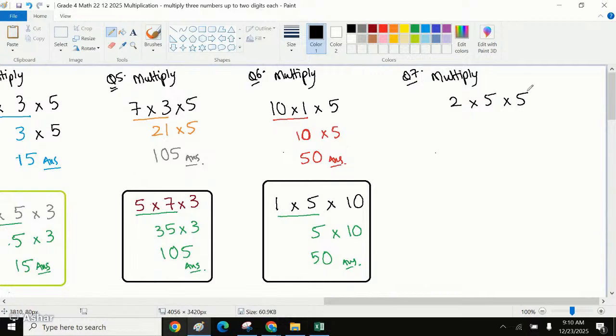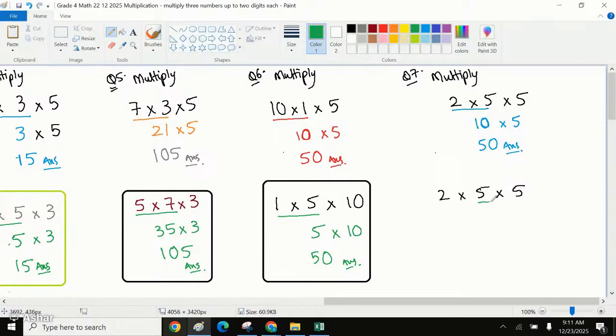So it does not make any difference. Even if we change the order of multiplication, we can keep the question the same as it is, and we can see it 2 different ways. So 2 multiplied by 5 is 10, multiplied by 5. 1 multiplied by 5 was 5, and we carry the same 0 because there was 1 0. That means 50 is the answer.